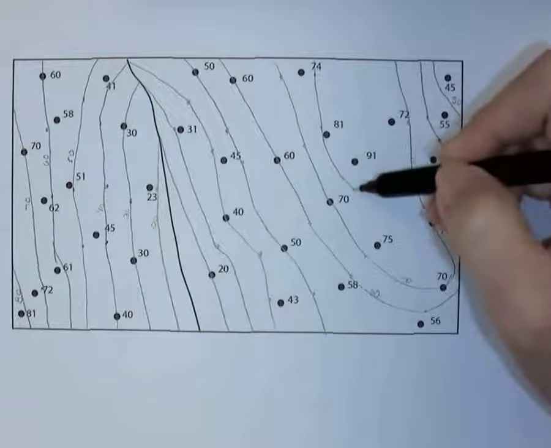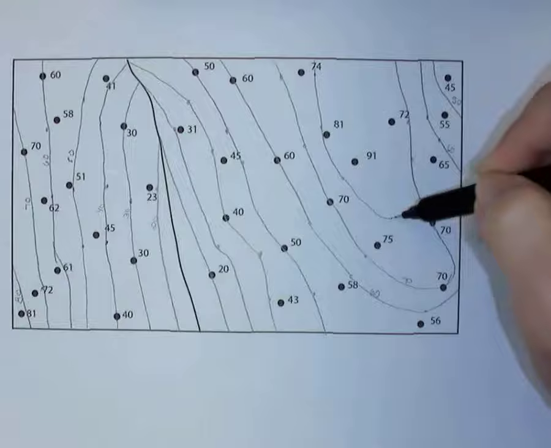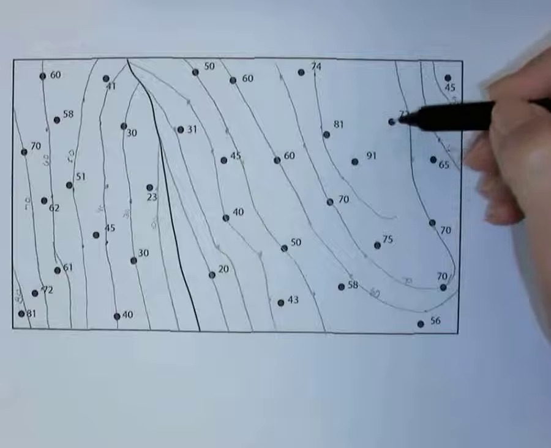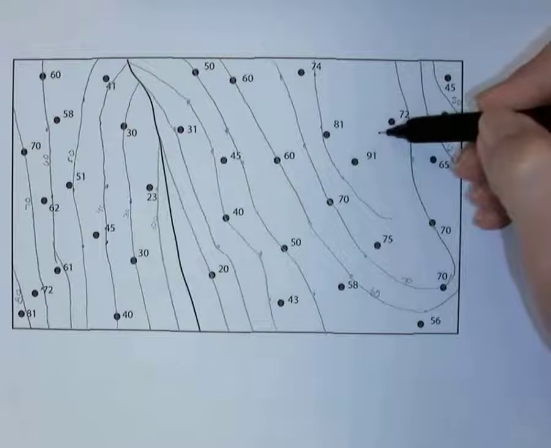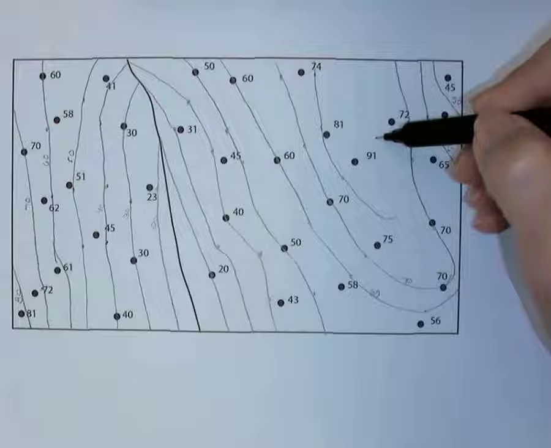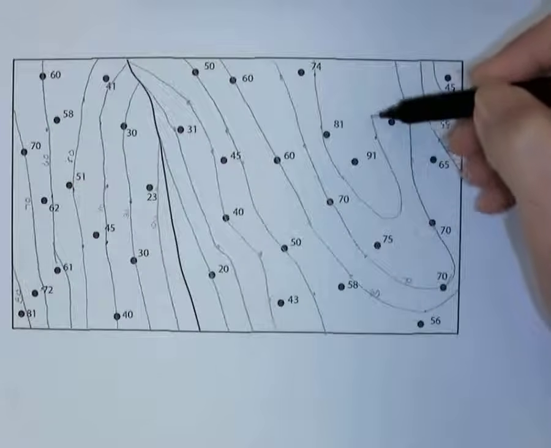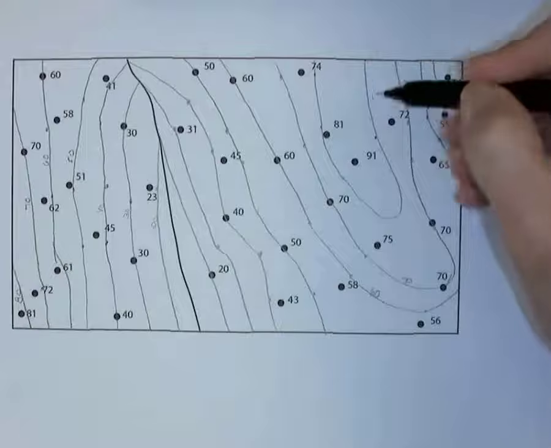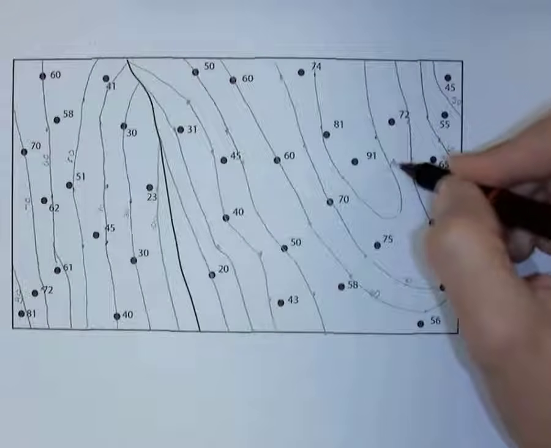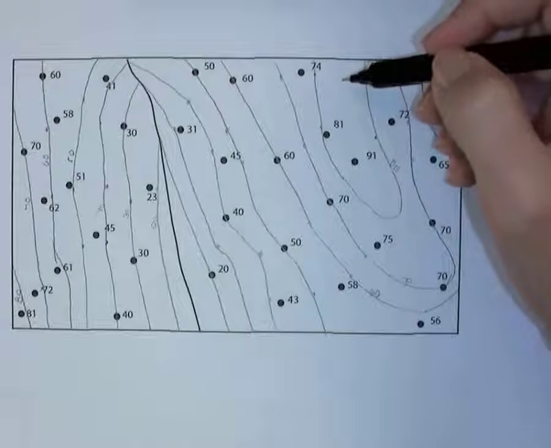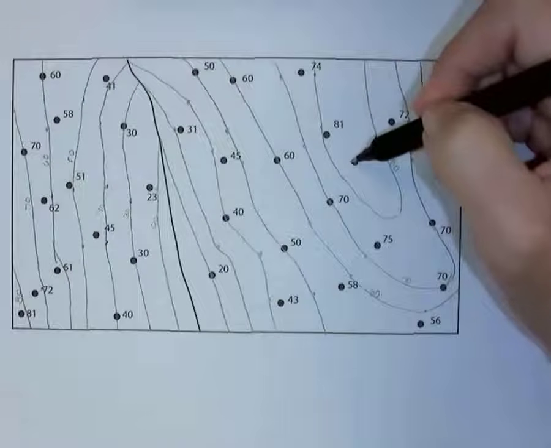So it's got to swoop down, not get to the 75 or 70, and then swoop back up between 72 and 91. So between 72 and 91, I would place it right around there. And so now I can swoop back up, and that would be my 80-foot line.